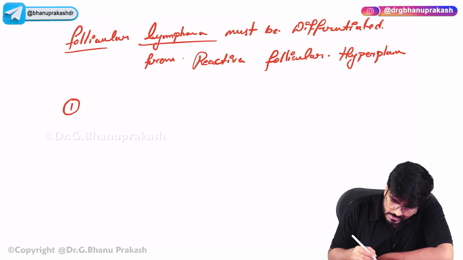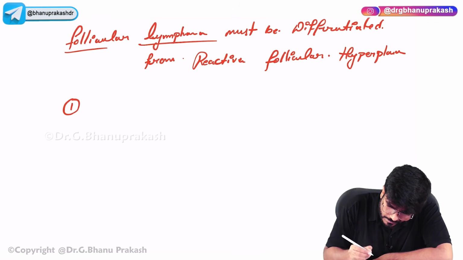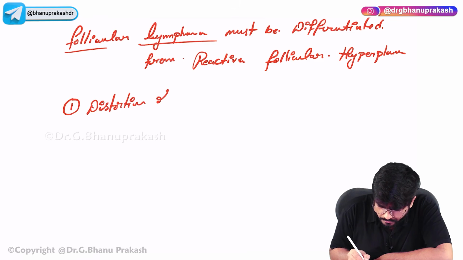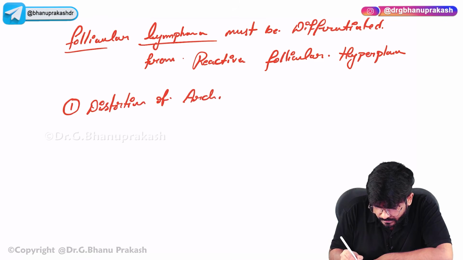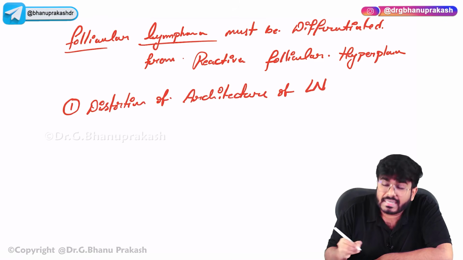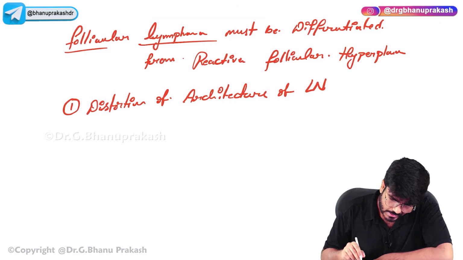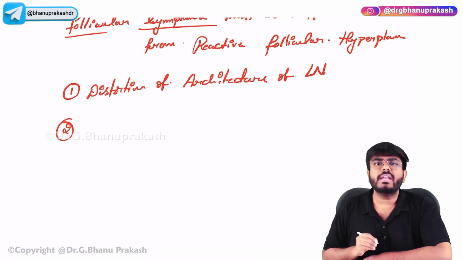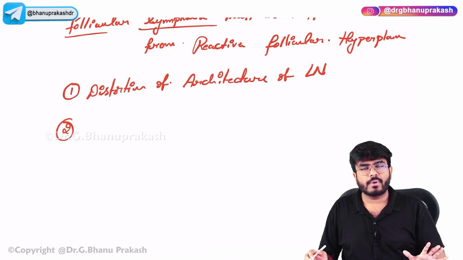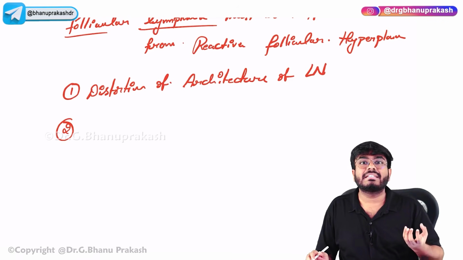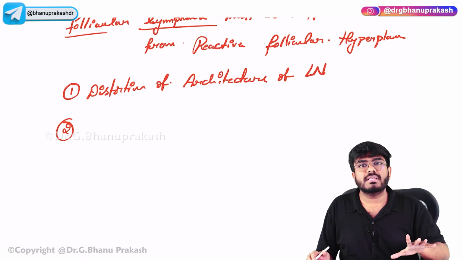So there is a distortion of architecture of lymph nodes that is seen in follicular lymphoma, but it is not seen in reactive follicular hyperplasia. The second thing is, in a normal healthy lymph node, follicles are there, and in the follicles the B cells are getting trained, and most of the B cells will fail.